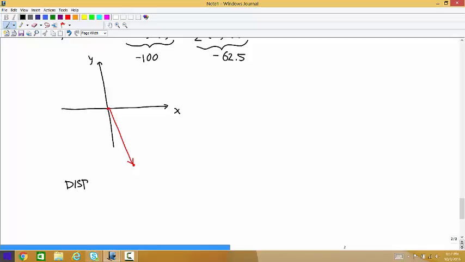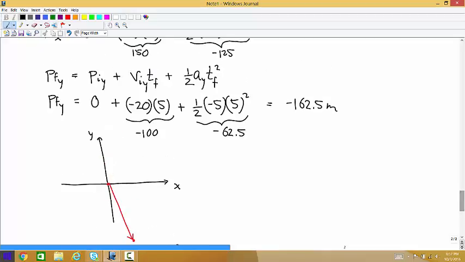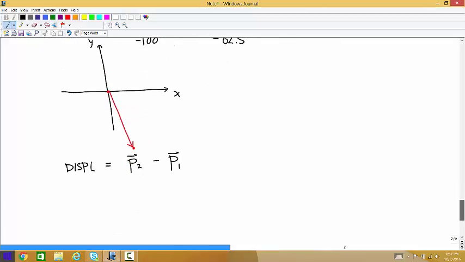Okay, so the displacement is the position at the later instant minus the position at the earlier instant. At the later instant, the position is 25, negative 162.5. At the earlier instant, it was at the origin.